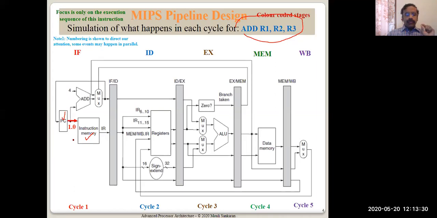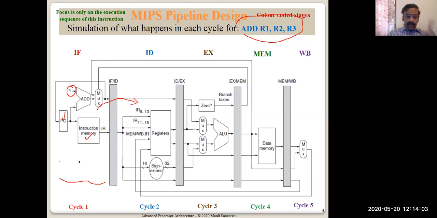Now, if you see in the picture, the same address is also coming to one adder. If you recall, I mentioned that the PC should be incremented by 4 because this is a RISC processor. PC should be incremented to the next address for fetching the next instruction within this clock cycle, because once this cycle is over, this is passed across and this stage is busy accessing the next instruction.